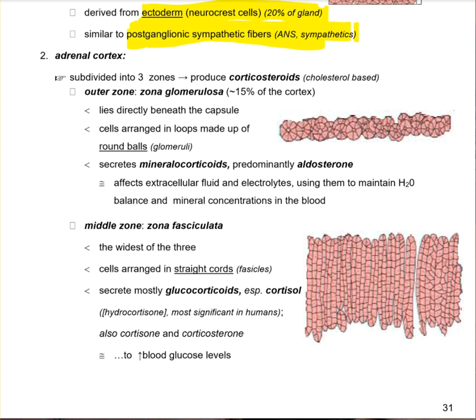They're made up of these round balls, and they secrete mineralocorticoids, and the main hormone that we're interested in is aldosterone. And you remember, we've learned about aldosterone already. It helps with fluid balance and mineral concentrations, solute concentrations like sodium. So we'll, on the next couple pages, talk more about that. So right now we're just doing an overview.